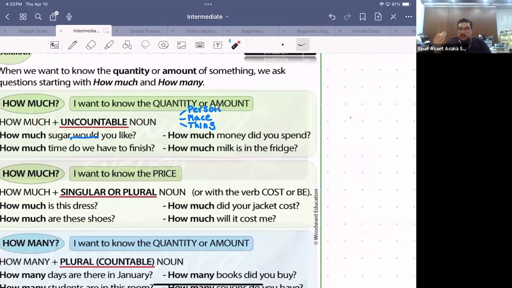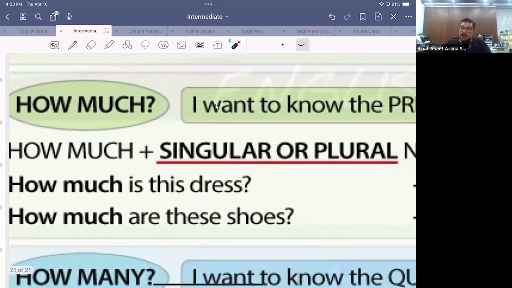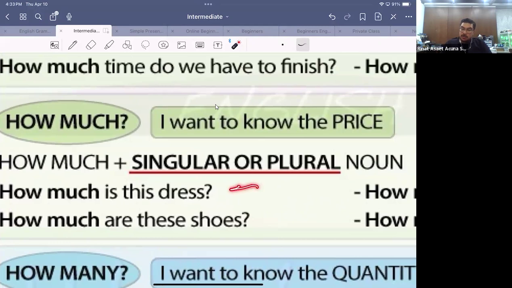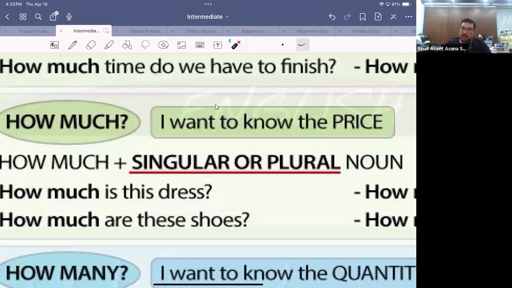Now, if you, for example, are in the store, you can ask these general questions. How much is this dress? Okay, how much is this dress? And this one?